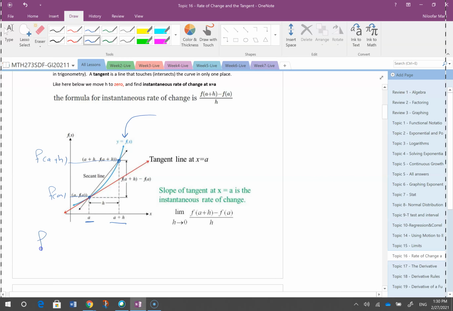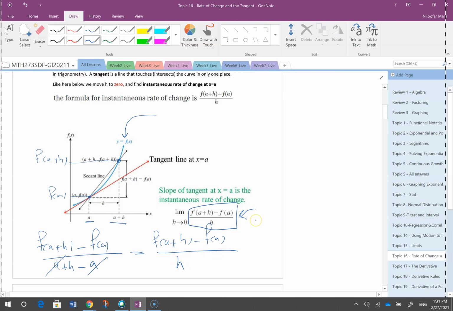So it is f(a plus h) minus f(a), which is difference on y, and a plus h minus a, difference on x, which is f(a plus h) minus f(a) divided by, a and a cancel, h. Which is here in a box. I highlighted it in the box here. So that's a slope of secant line.